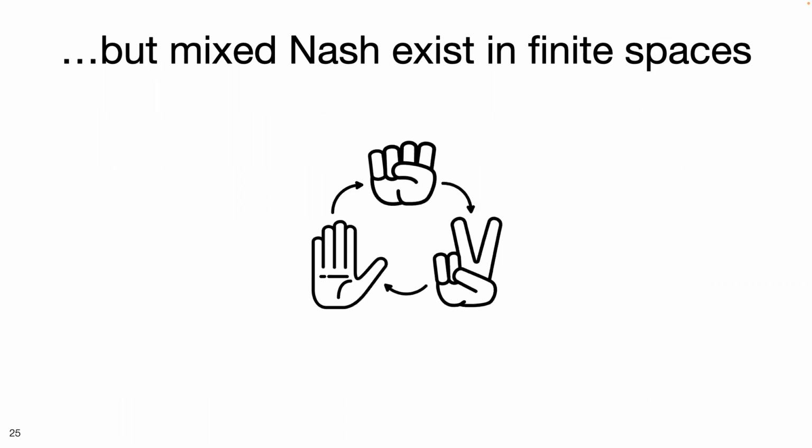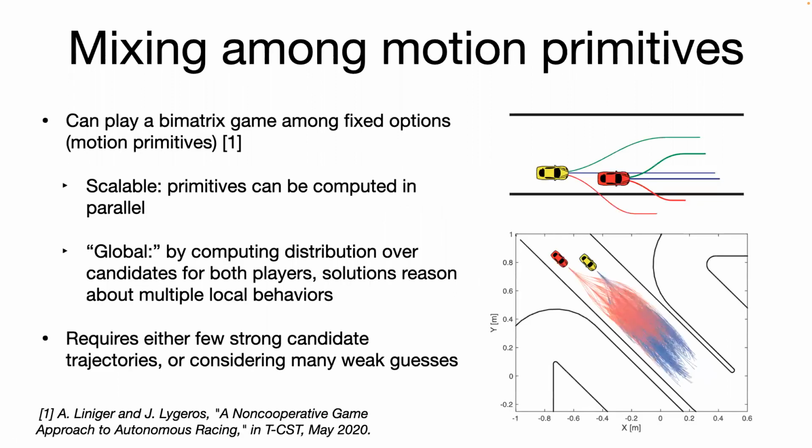I'm thinking here about static games, but go back to rock, paper, scissors. Classically, the mixed Nash solution to this game is every player just flipping a coin and choosing uniformly at random. So the same is probably also true in trajectory games, or static versions of trajectory games. Here's some recent work from over at ETH, and I know there are several other papers that have used similar concepts in recent years. The basic idea, which I think was pioneered here and is a really great idea, is to look at a particular problem of interest.